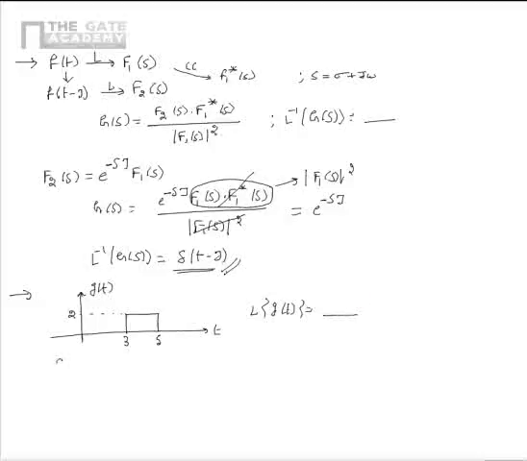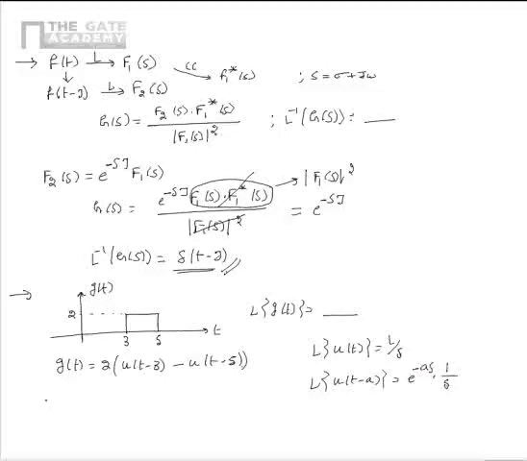So from the given figure we can write that g of t is equal to 2 multiplied by u of t minus 3 minus u of t minus 5. From this we can obtain the Laplace transform of g of s. We know that Laplace transform of u of t is equal to 1 by s, and Laplace transform of u of t minus a is equal to e power minus as multiplied by 1 by s.